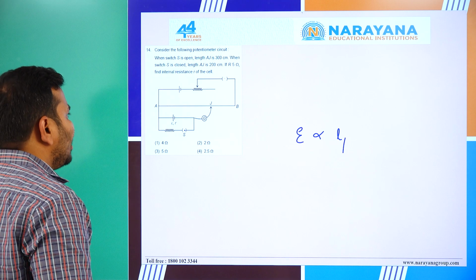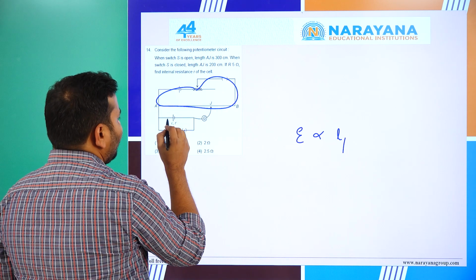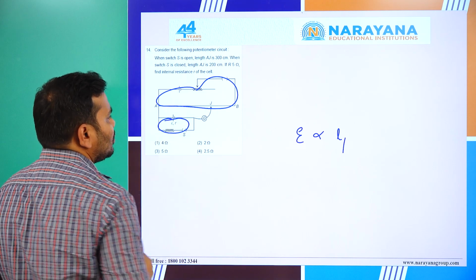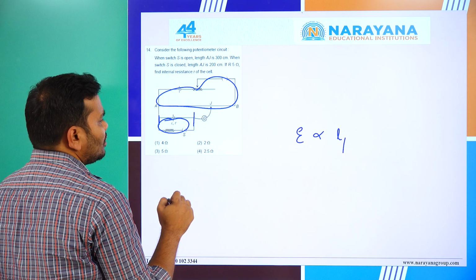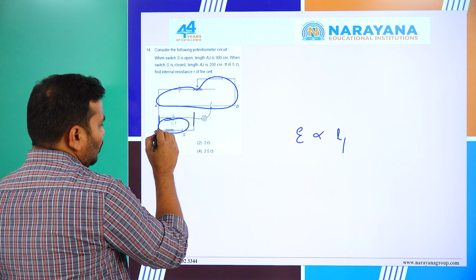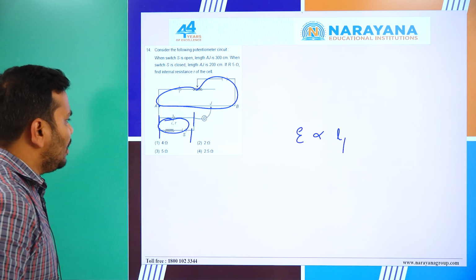Now, corresponding to that balancing length, there is a current circulating in this way, and at the balancing length the terminal potential difference across this battery, or across this resistor, is the same as the potential difference across the balancing length.